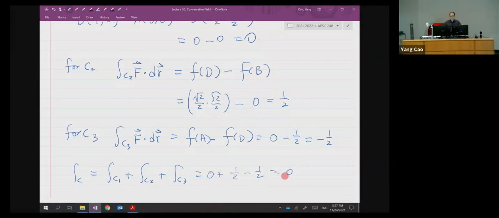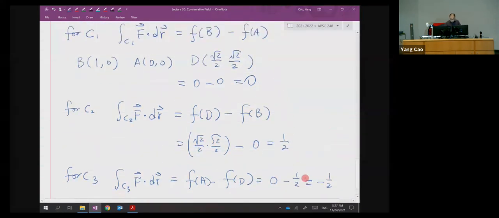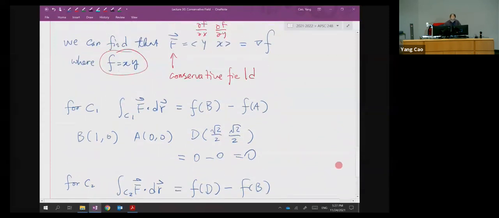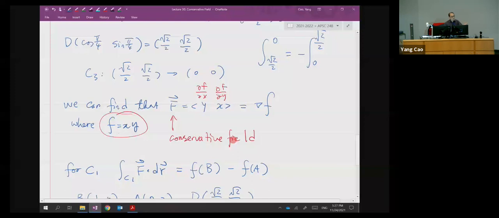As a matter of fact, for this question, I don't even need to do these 3 steps at all, because this is a conservative field. If it's a conservative field, as you integrate over a closed loop, you will end up with 0. Remember the fundamental principle in dynamics: if you do work in a conservative field, as you do the work in a closed loop, the total work is 0.